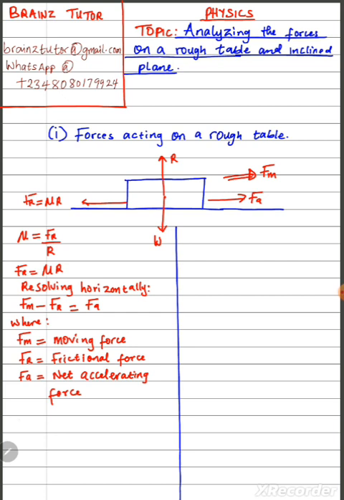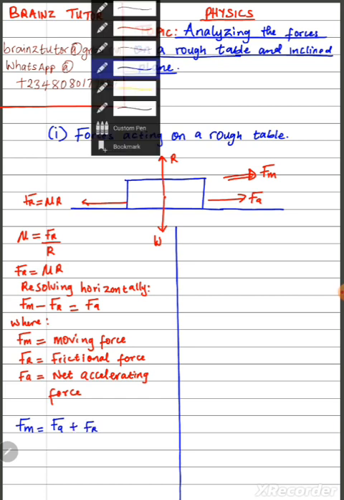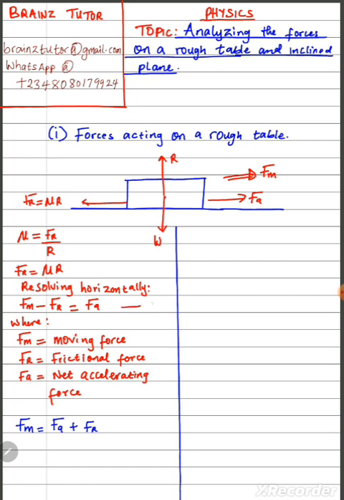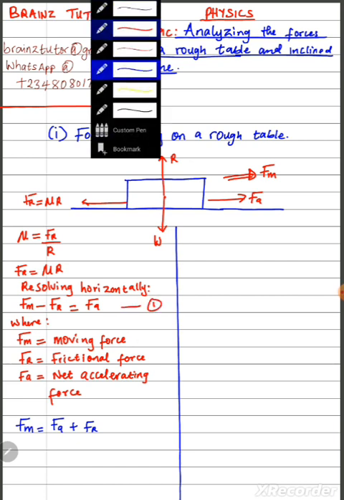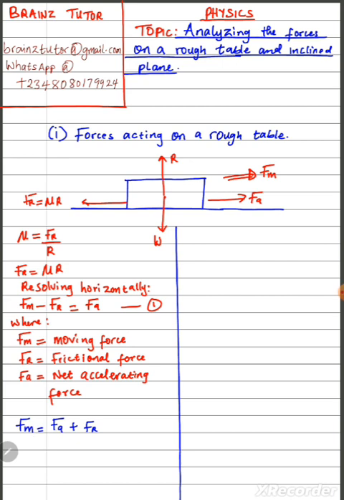So the moving force can now be equal to the Fa plus Fr. If I refer to equation 1, I have Fm, that is the moving force, equal to the force of acceleration plus the frictional force.